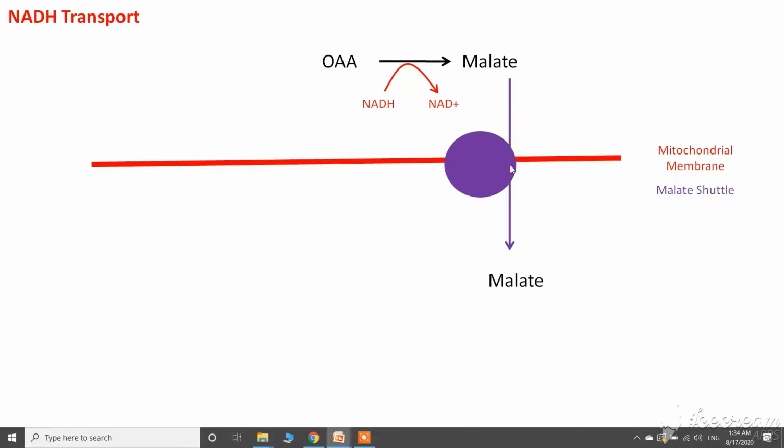So once malate enters the mitochondria, it's going to be converted back into oxaloacetate, and in the process, it's going to consume one molecule of NAD+ and produce a molecule of NADH. So basically, we have now transported NADH from the cytosol into the mitochondria. NADH now has the ability to enter the electron transport chain and produce ATP.